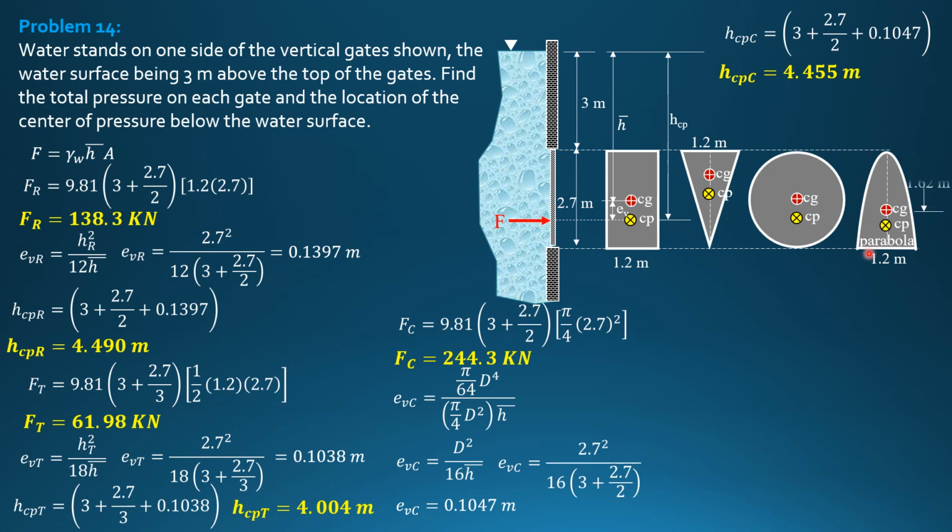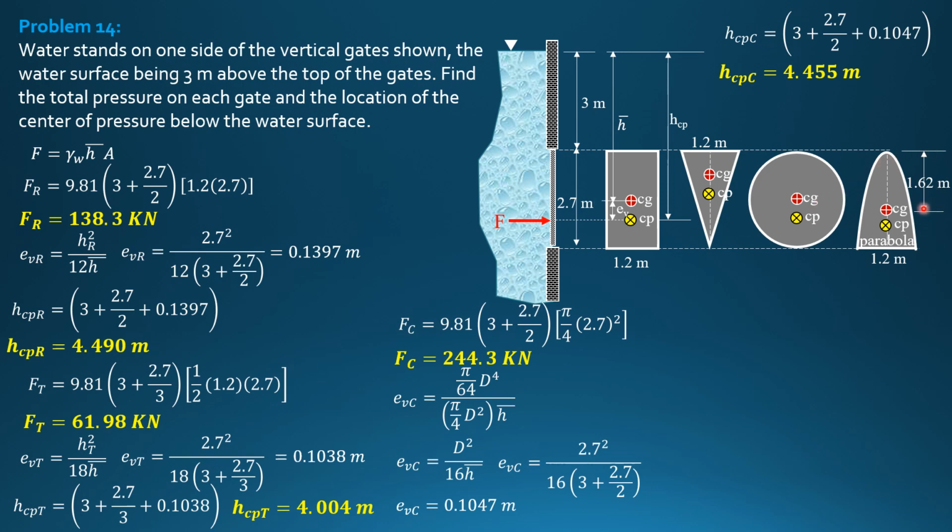Finally, for parabola, by the way, this distance from vertex to centroid is 3/5 of the height, or 0.6 of 2.7, because this is 2/5 or 0.4 of 2.7.